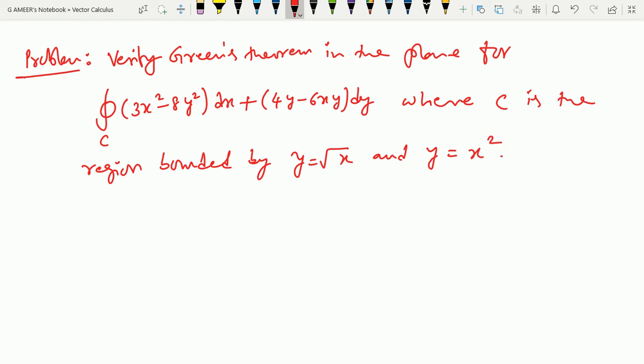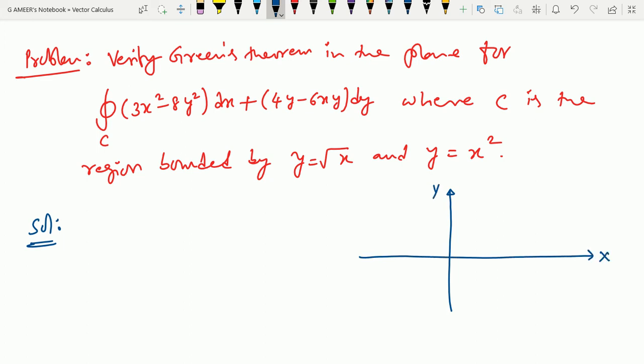So there is a certain region that is bounded by y equal to x square and y square is equal to x. Okay, so let us solve this problem. Before going to that, let us see what y is equal to x square and the other curve look like. This is the x axis and y axis.